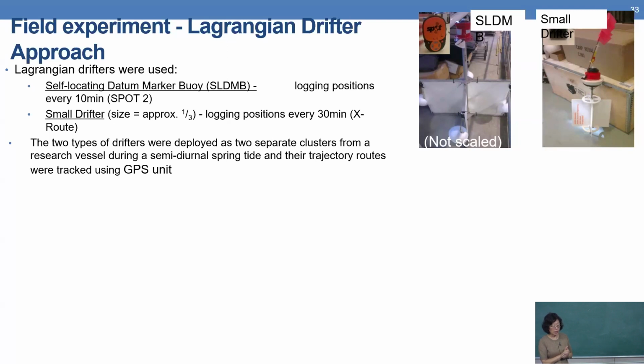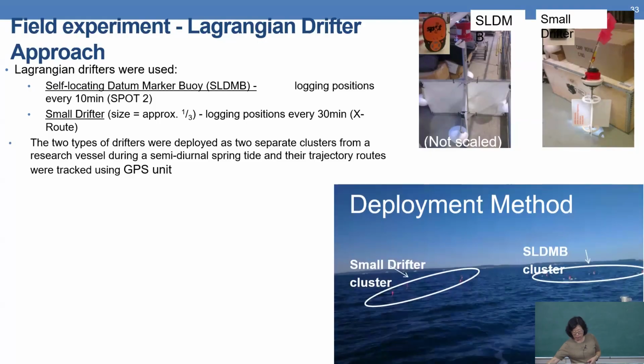We tried to get two types of drifters. One is a smaller drifter, and another one is a self-located data marker buoy. Those two types of drifters we used.